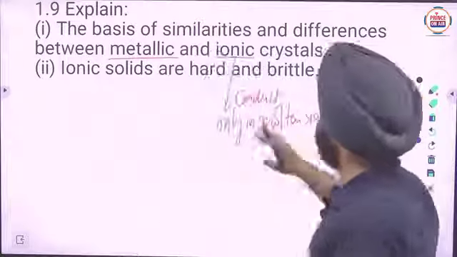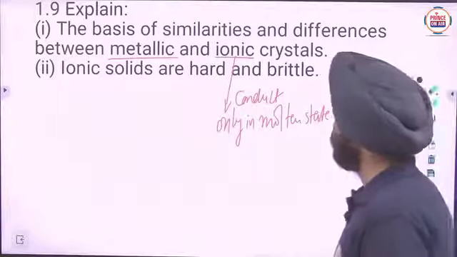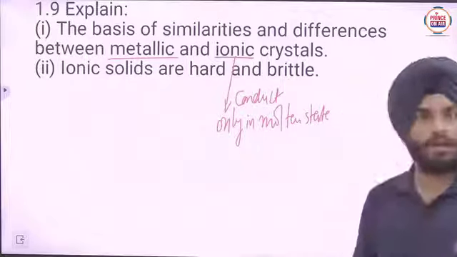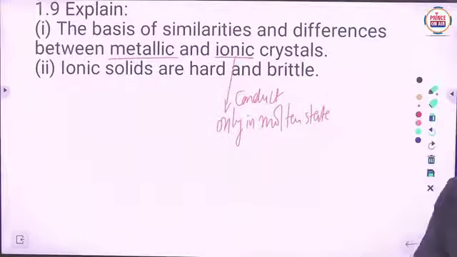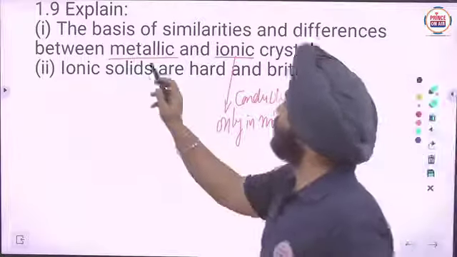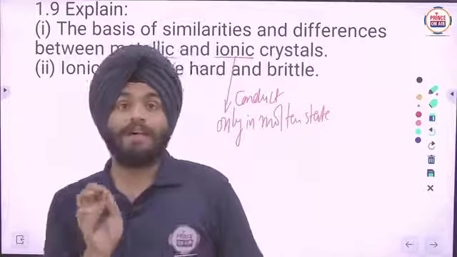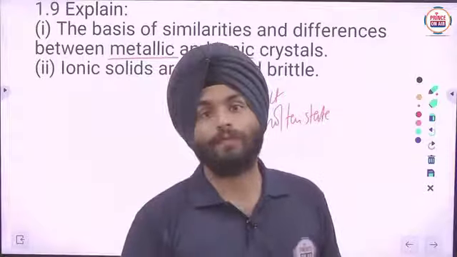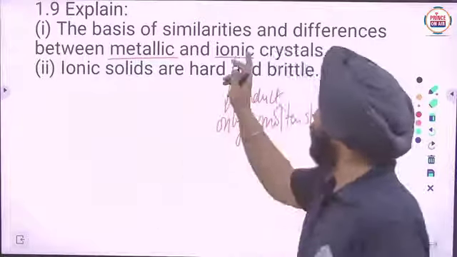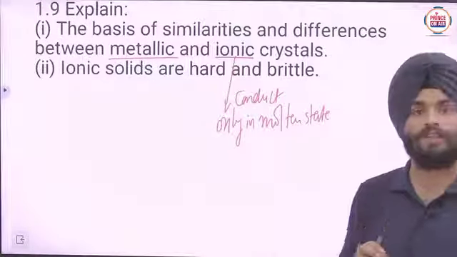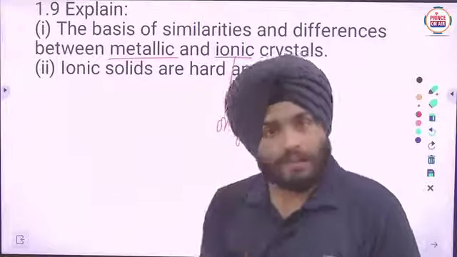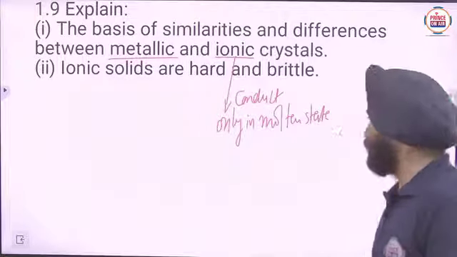So that is the main difference between these two. Clear? And in metallic solids the conductivity is due to free electrons, whereas in ionic crystals the conductivity is due to free ions. So that is the second main difference between them.